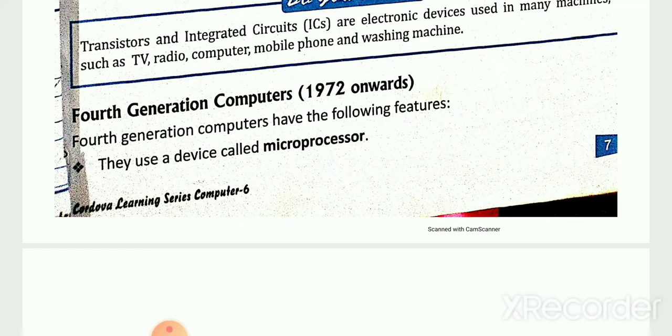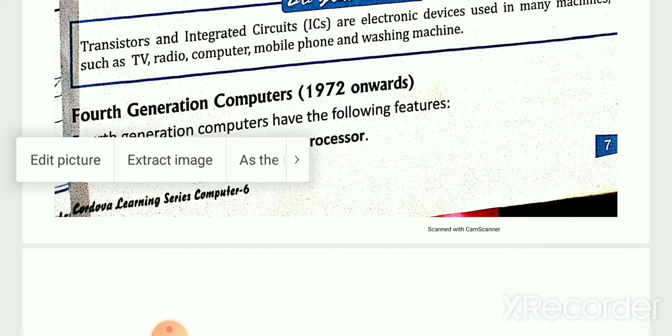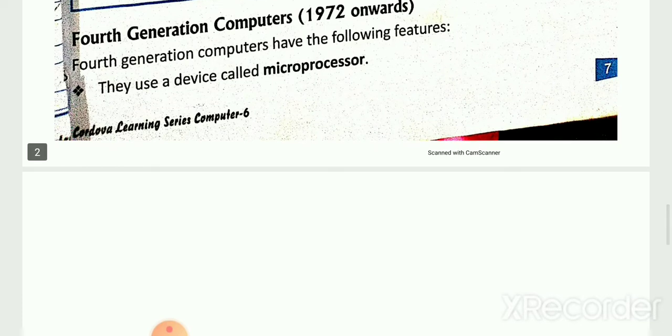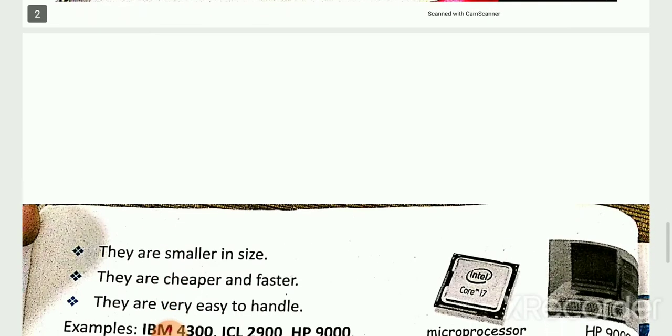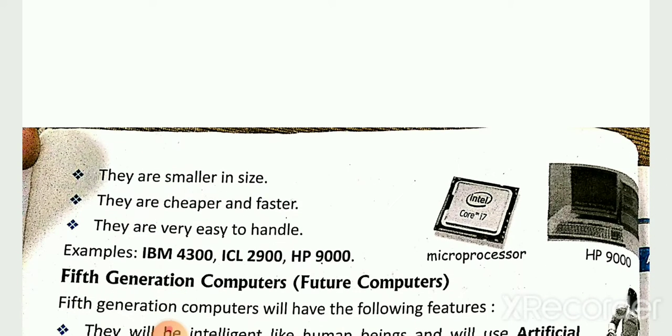the fourth generation computers. The fourth generation computers are from 1972 onwards. The fourth generation computers have the following features. They use a device called a microprocessor. Look at this device.